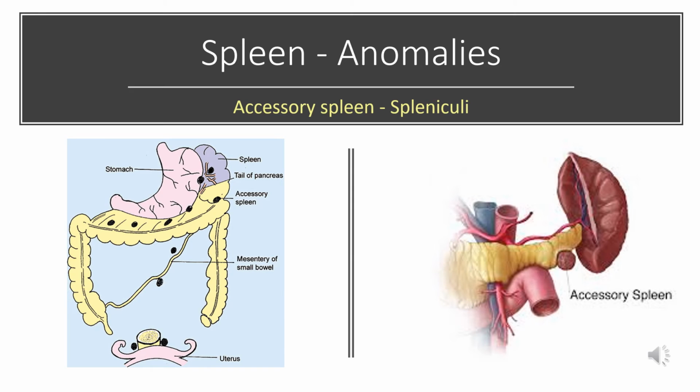The most common congenital abnormality of development of the spleen is accessory spleen. The accessory spleen is also called spleniculae. An accessory spleen is a small nodule of splenic tissue found separate from the main body of the spleen.